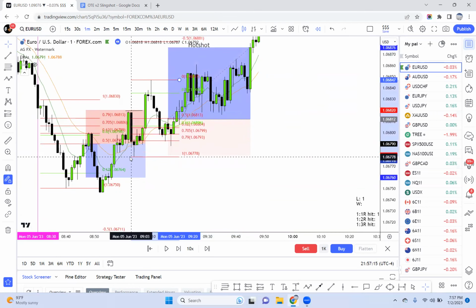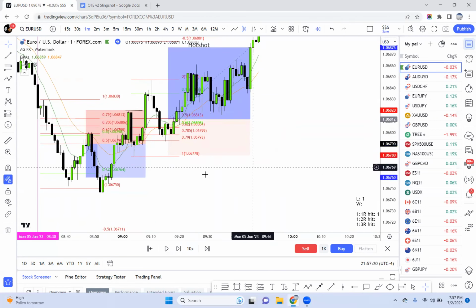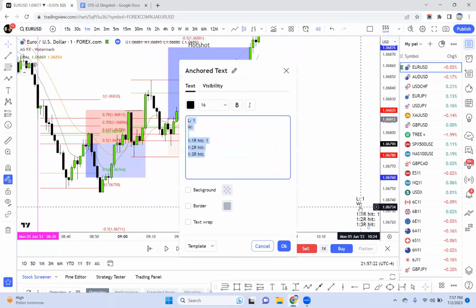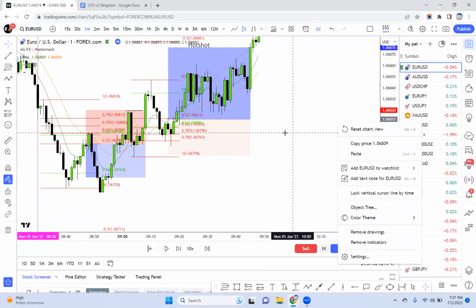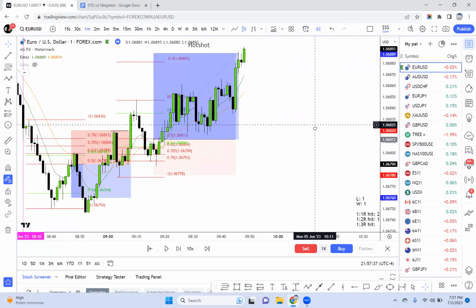You could reframe it to make yourself feel a little bit better. Don't mess with your stop loss. Didn't come near it. We are all good here. So that's a 1 to 2 R hit. So we'll say 1 win, 1 loss, 1 to 2 R hit, and then some.